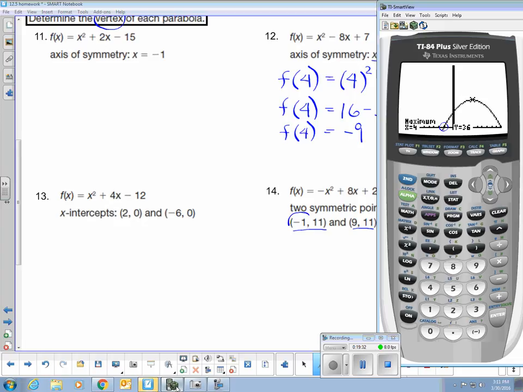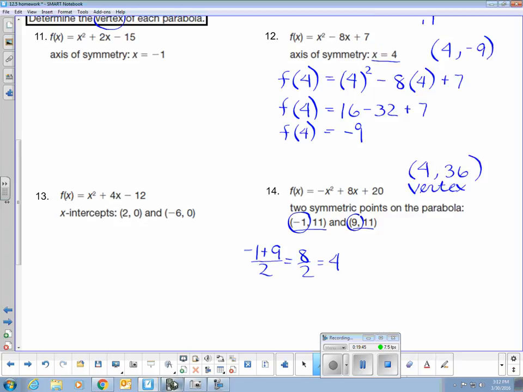So I'm going to take an average of these two values. Since they provided those two points for me, it gives me 8 divided by 2, which is equal to 4. So that confirms that my axis of symmetry is x equals 4.